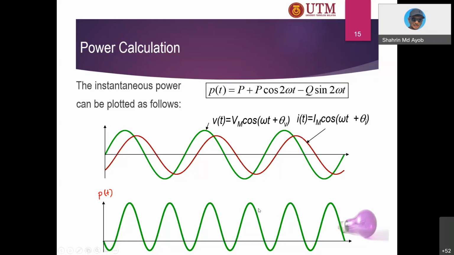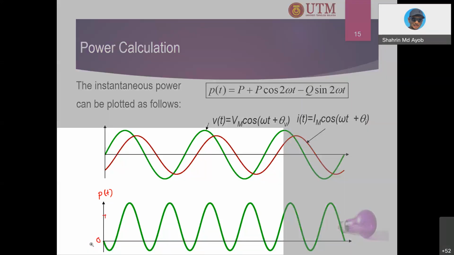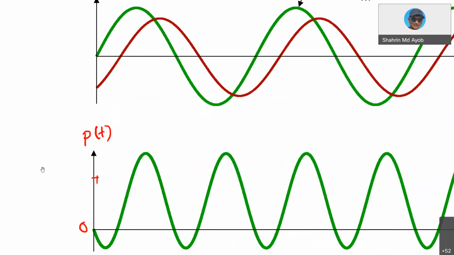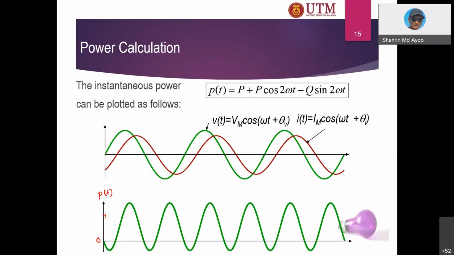So we move back to this slide. Okay, so this is the plot of your instantaneous power. You can see this one is zero, this one is zero, so this one is positive and this one is negative.